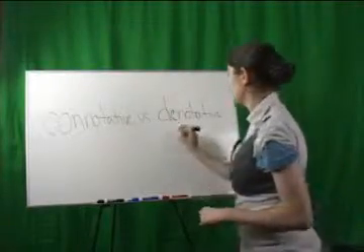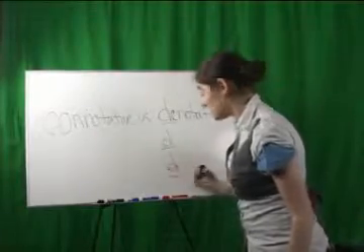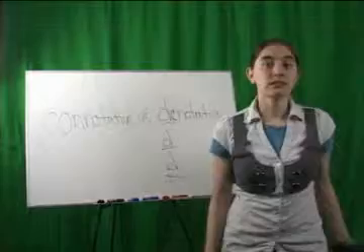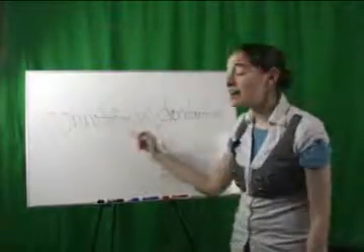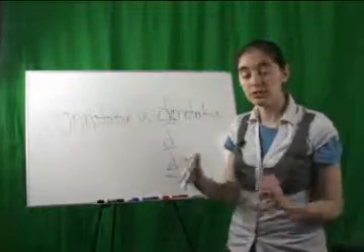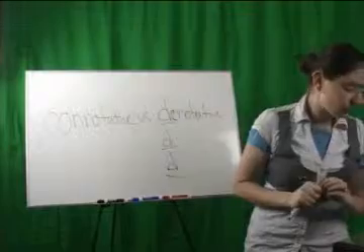Easiest way to remember that? D for denotative, D for definition, D for dictionary. D, D, D. Denotative means the definition. Connotative is the picture that word puts in your head. Okay? It's a little different.